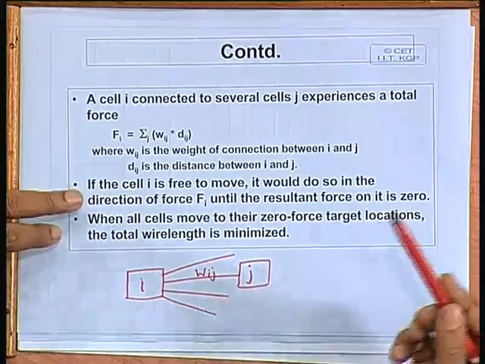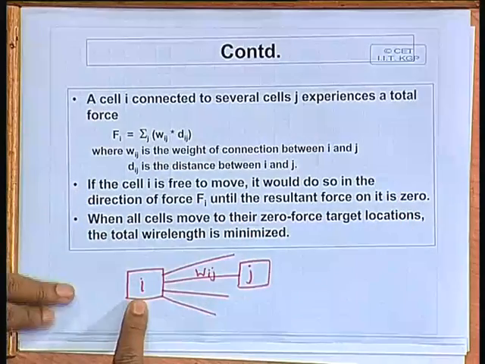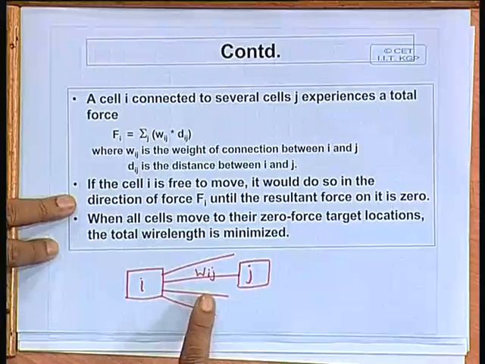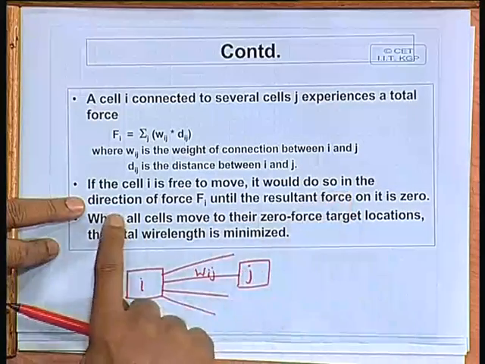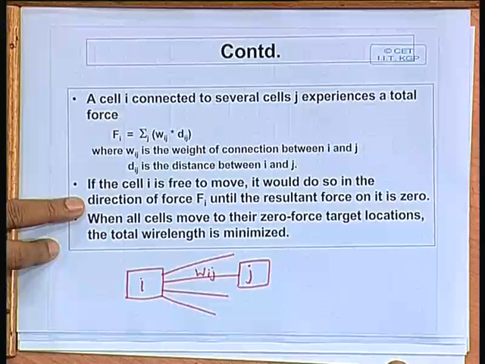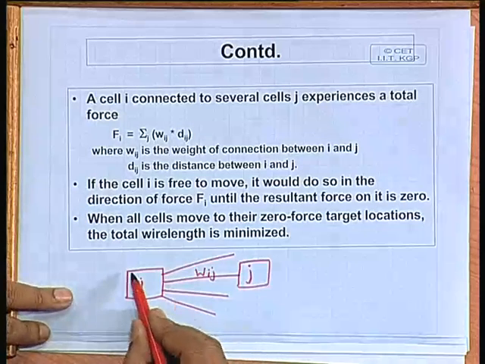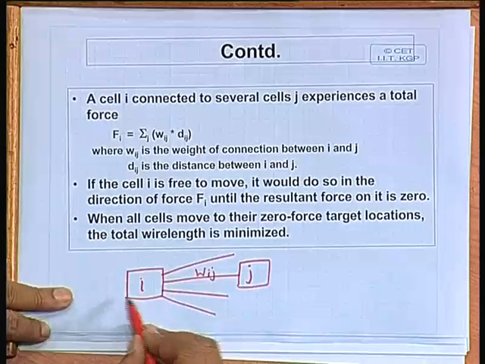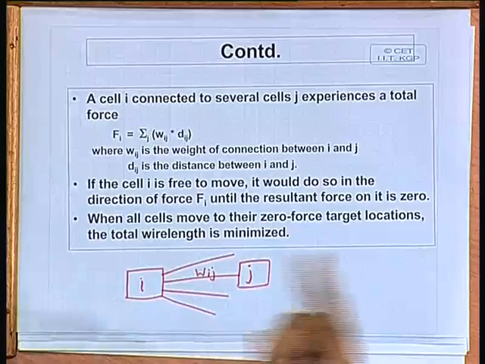Now, the idea is that, similar to a spring, if the block I or cell I was free to move, it will move in the direction of the force Fi until the resultant force on it is 0. This is what we are trying to do. We are trying to find the final location of block I such that both the x and y components of the force on it become 0.